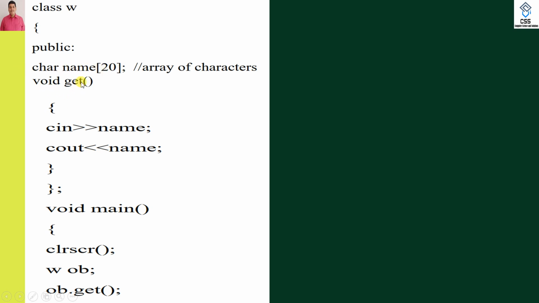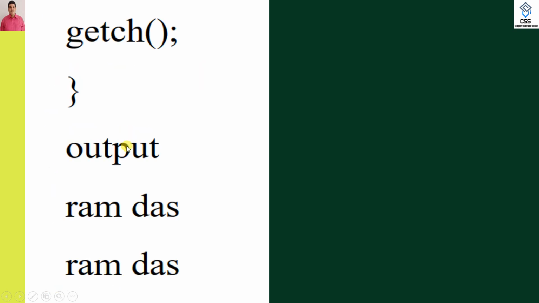We have taken one get method, and within the main method the object of the class is declared, the object is ob. ob.get calls the get method, within which we input name and display the output. And if the program is run, if we enter Ramdas, the result will be Ramdas. If you enter Sriram, the result will be Sriram.